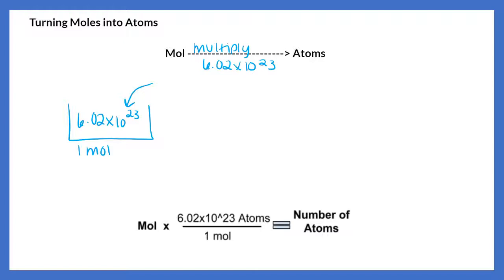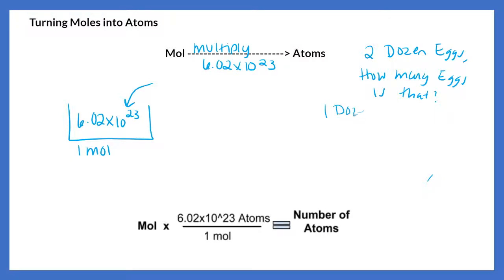So let's say I have 2 dozen eggs, and I want to know how many eggs that is. I know that in 1 dozen I have 12 eggs, so I would take my 2 times the 12 to know that I've got 24 eggs.